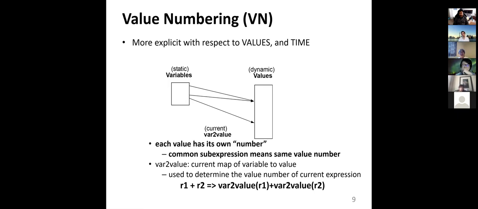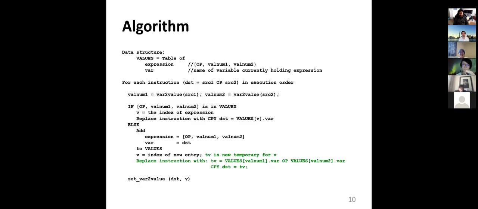So essentially, having that, we can have a very simple algorithm that I'll just briefly go over here for you. I'll only cover the binary instructions for simplicity. So we have that special table for variables, and we have expressions that have a binary operator op and two value numbers as input.